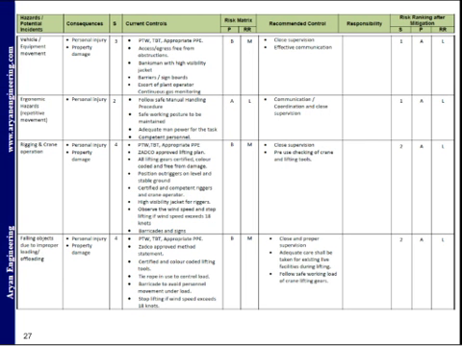Even based on that, now we mitigate, because even if it's a medium risk, we are trying to reduce this risk into the low risk category. So again, what are our recommended controls? That is close supervision and effective communication between the vehicles and equipment movement.